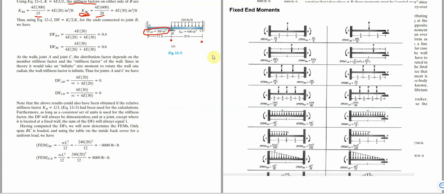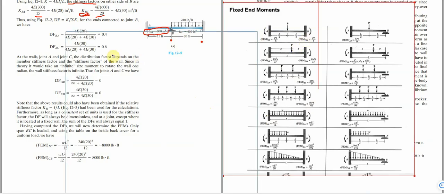So you can see from here we have WS square over 12, which is what we are using. But don't forget, if we are considering the left hand side to be negative, its right hand side will be positive for every span we are considering. So let me proceed and just put this one away.